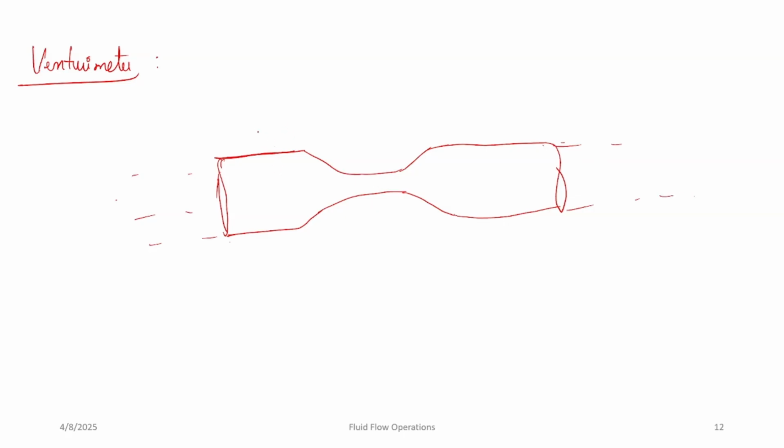Here we will be attaching a manometer. You must be knowing the manometer, right? Which we've already studied. It is a pressure measuring device. So we'll insert a manometer here.